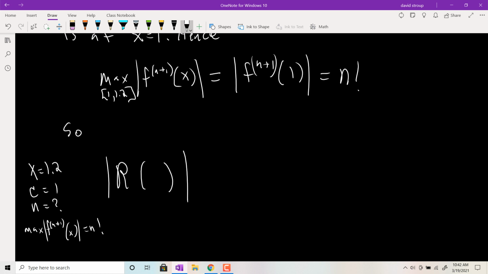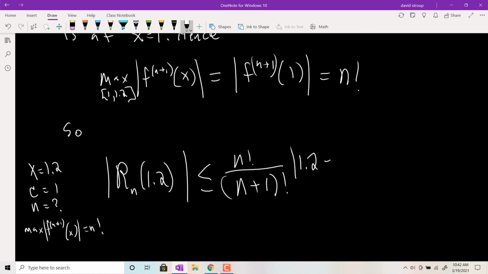Okay, so r sub n, we don't know n. X is 1.2. This will be less than or equal to the max of that thing, n factorial, all over n plus 1 factorial times the absolute value of x, which is 1.2, minus c, which is 1, raised to the n plus first power.